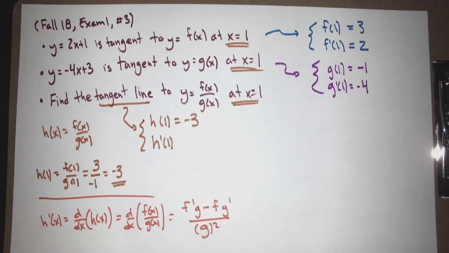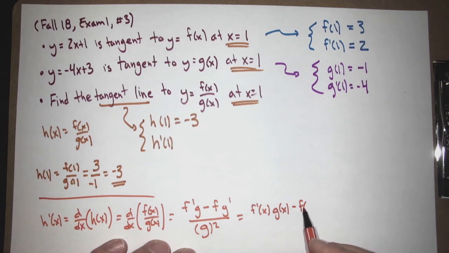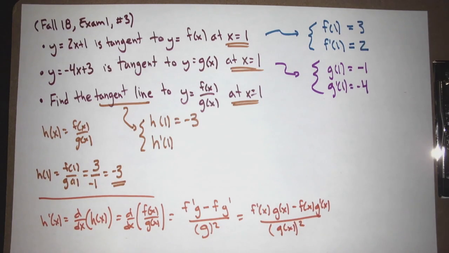Of course, we should put the x's in: f prime of x, g of x minus f of x, g prime of x, over g of x squared. The quotient rule is probably the hardest rule to remember, because which one comes first? So whatever you do that makes you remember it, if it works, it's great.